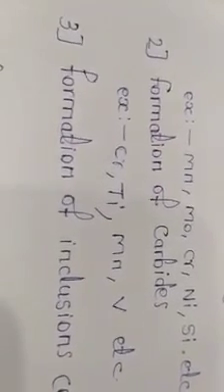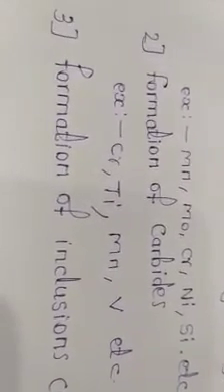Therefore, as we have seen in the last topic, deoxidants are added to remove the dissolved oxygen from the steel. These deoxidants combine with the melt oxygen and form oxide inclusions.